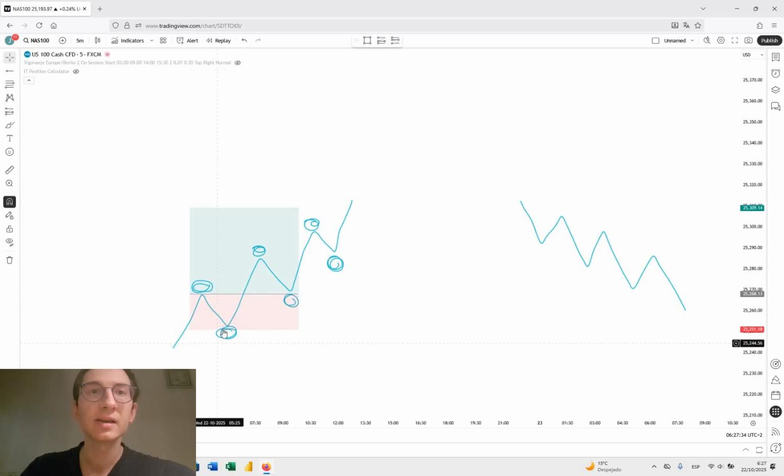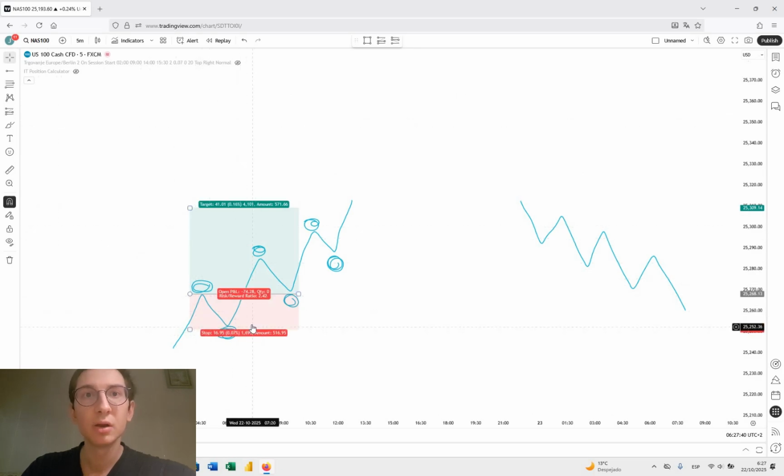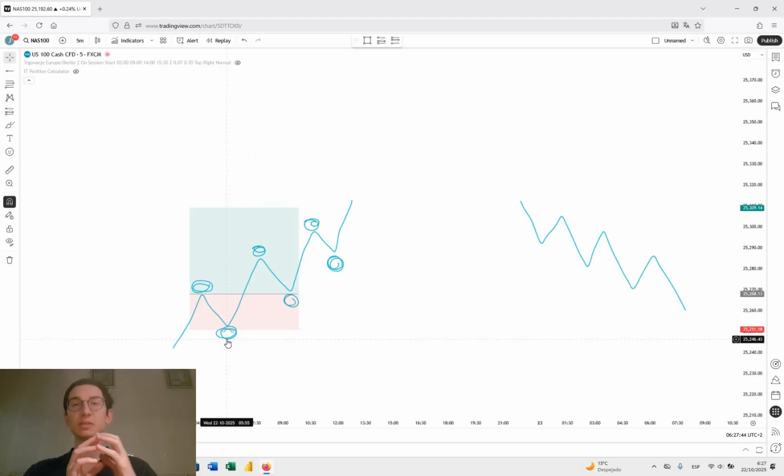Here we already have one liquidity. Why? Because if the price pushes below this stop loss, that position is going to sell, and the money will start flowing from those traders' bank accounts to the market.